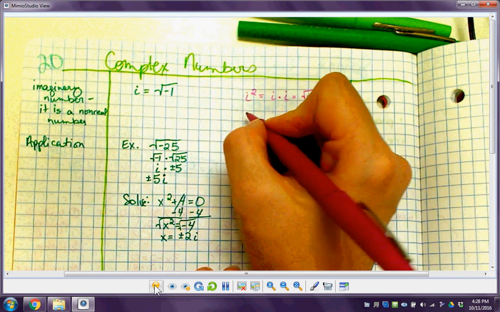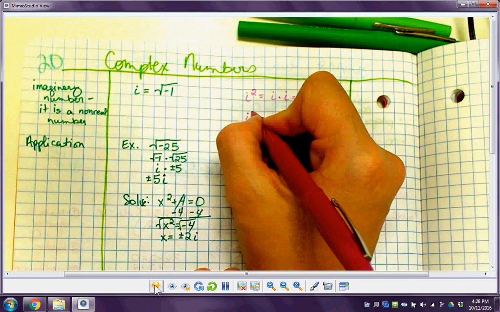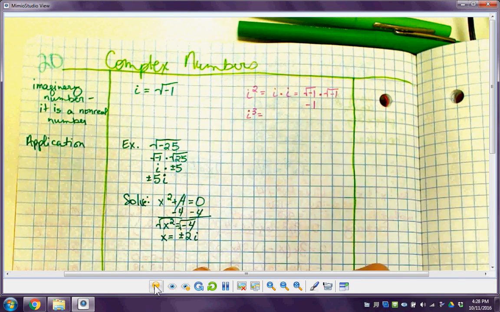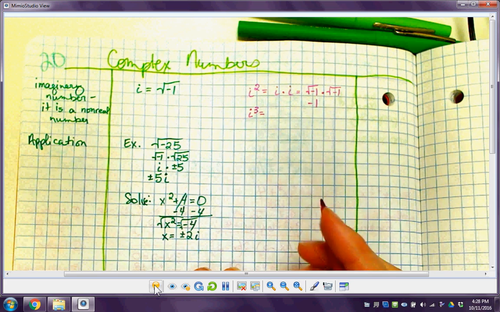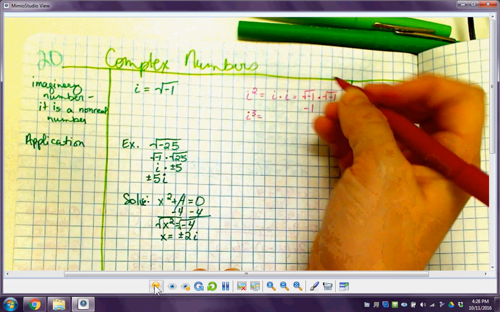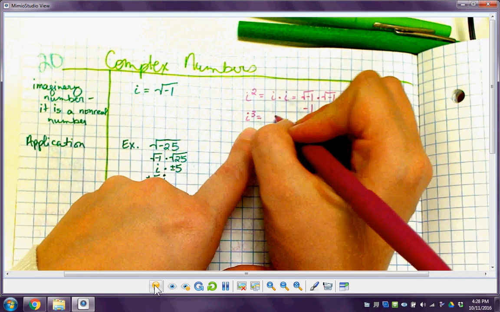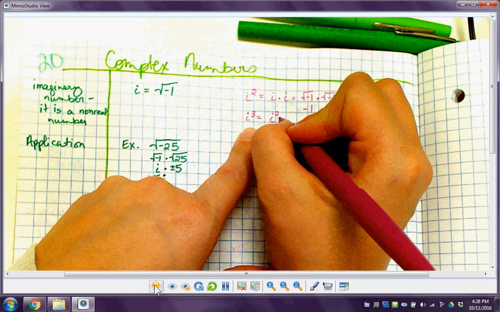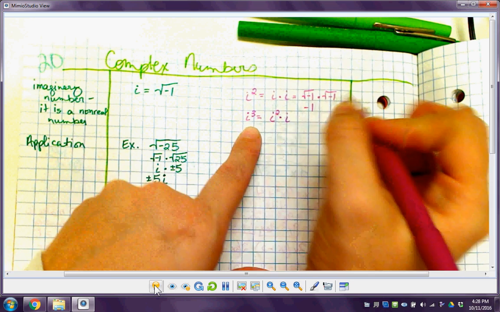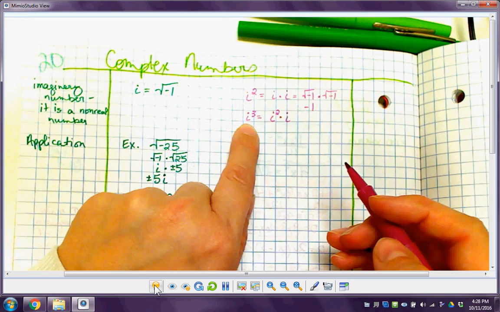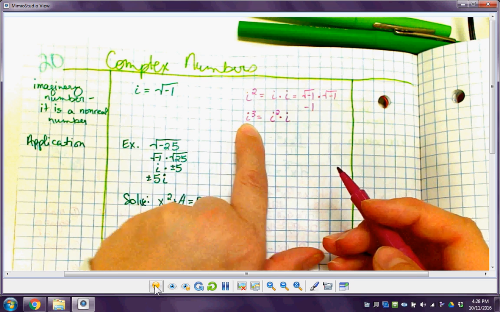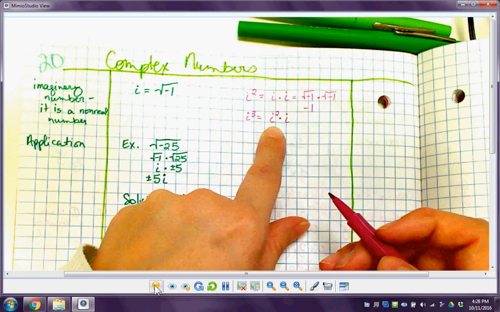What if I wanted to do i cubed? Well, there are multiple ways to think about it. The way I think about it is i cubed is i squared times i. That means there are 3 i's being multiplied, which is the same thing as i squared times i.